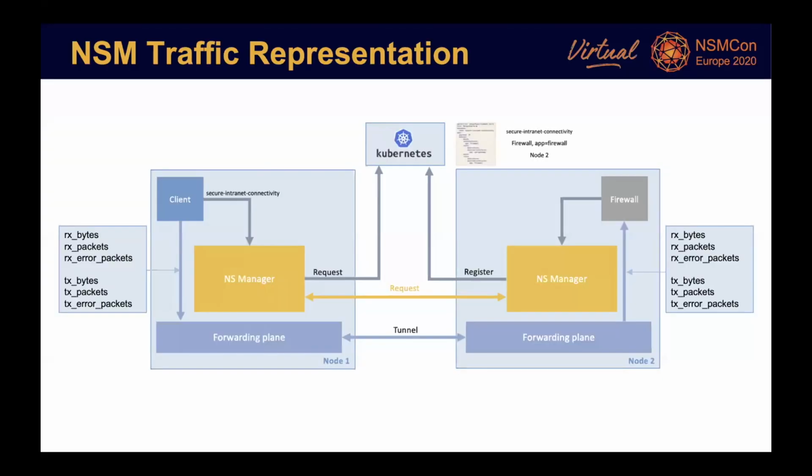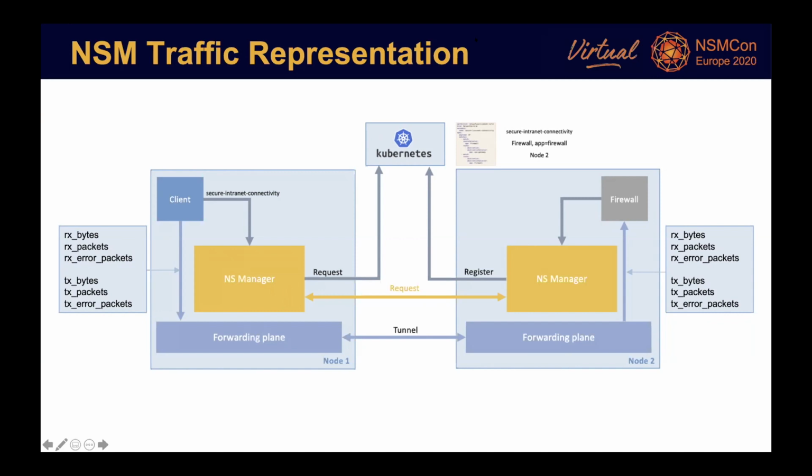To start with, let's see how the traffic is represented in a point-to-point connection that is created by Network Service Mesh. Once the client and an endpoint start to talk with each other, they receive and transmit bytes and packets, which we represent by RX and TX bytes and packets.